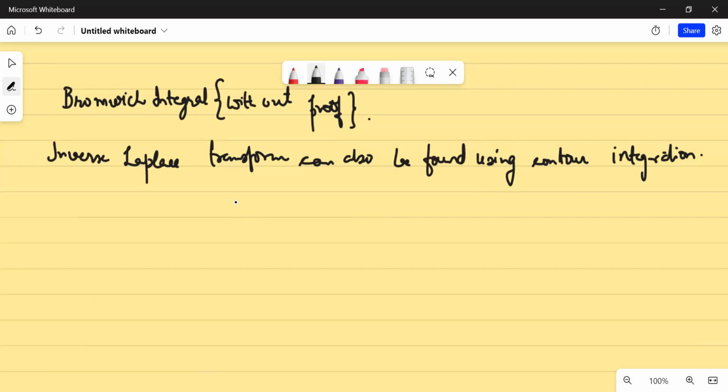Okay. And in this, the inverse Laplace transform is given by a contour integration that I'm going to write just now, which is called as Bromwich integral. Okay. So I'll write it here.